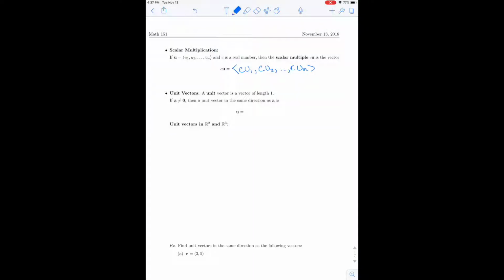I'm going to draw a little picture of the vector u and then show you that 3 times u would be like adding 3 of the vector u to each other, and the result is 3 times as long as the vector u.